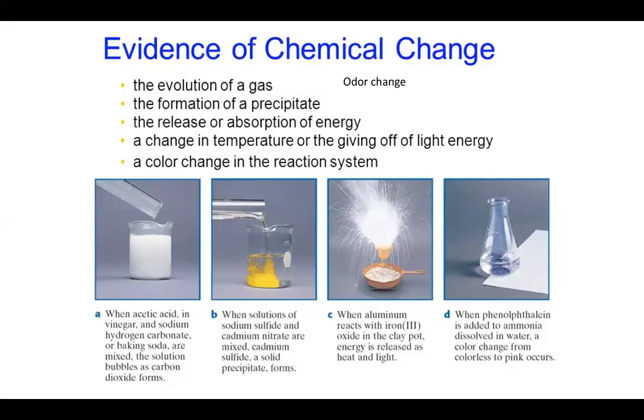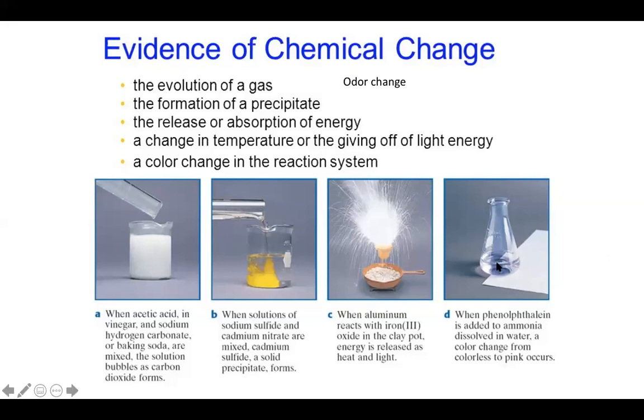We'll talk more about it when we get to the acid-base chapter, but if you have ever done it, or you might have done it in a regular chemistry class, you might notice that the container where you mix the baking soda and vinegar gets a little bit cooler. The temperature drops, so we know that a chemical reaction is taking place. Right, color change is also a chemical reaction.